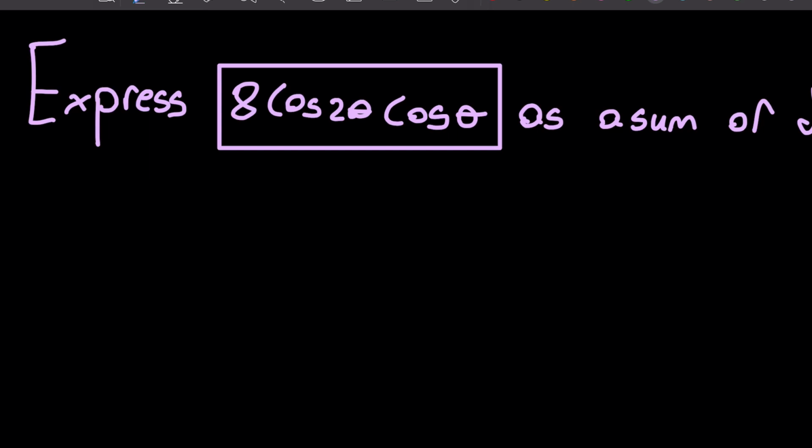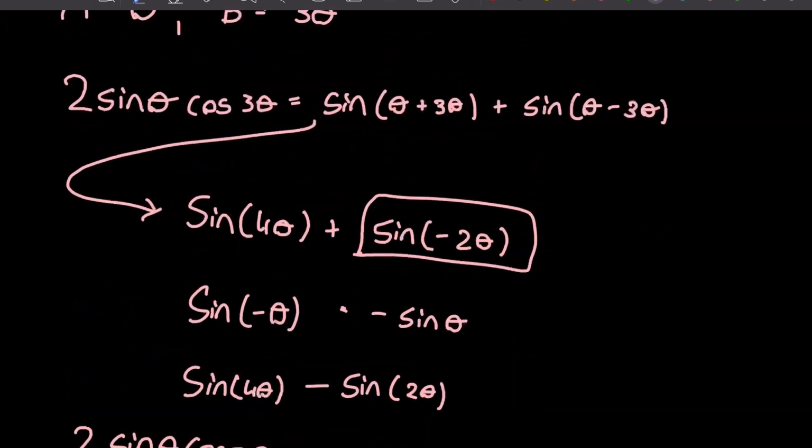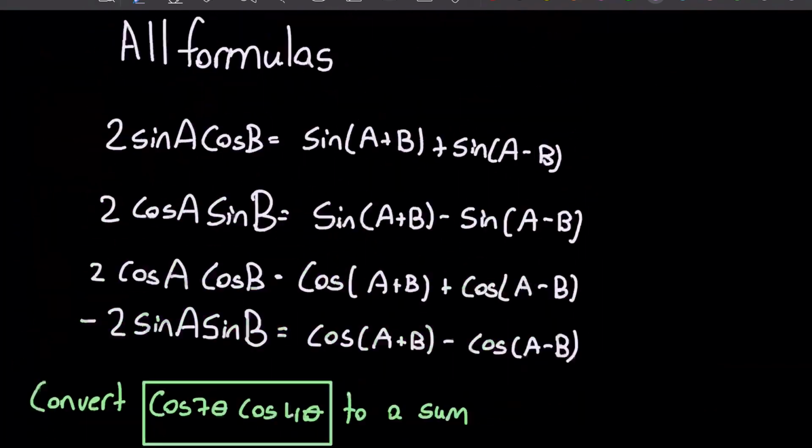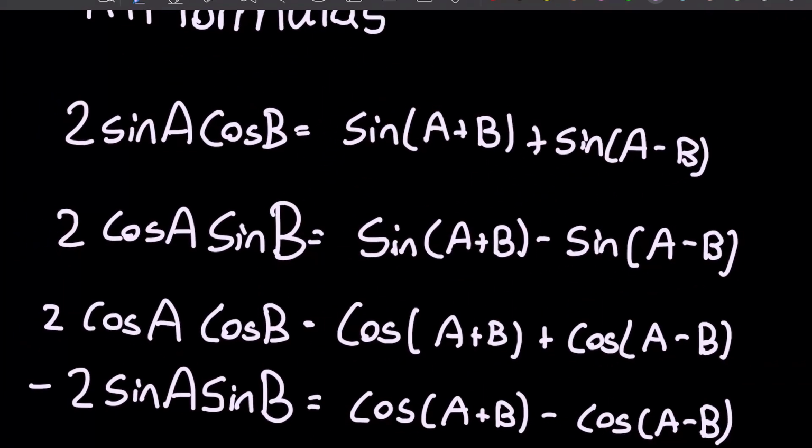Is there a sine and is there a cos? Right now we see that there are 2 cos in the mix. We can just look up here and look for the one that has 2 cos.